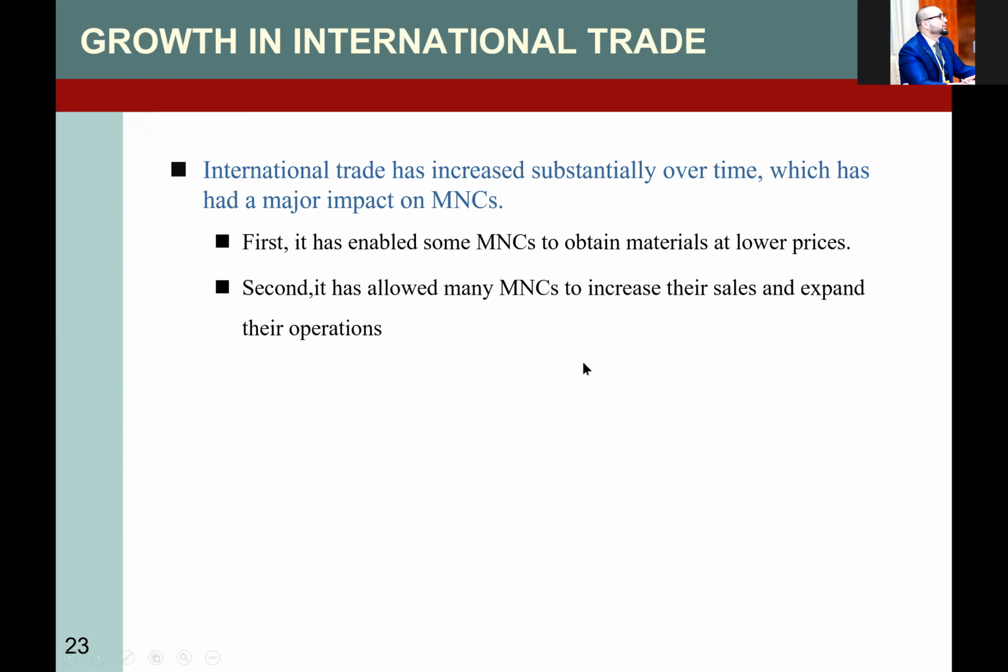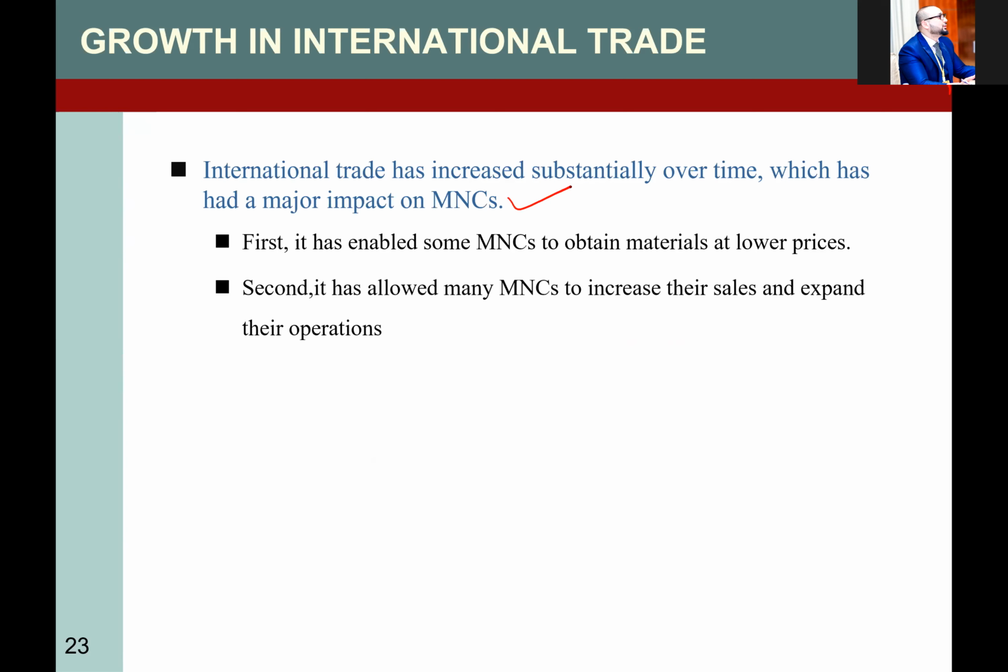Now let's talk about our second learning objective, which is growth in international trade. So here we go. International trade has increased substantially over time, which has had a major impact on MNCs.